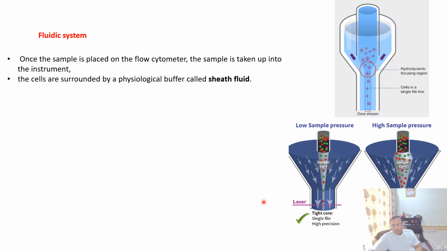If the pressure is not optimum, the cells do not come one by one. So there should be optimum sample pressure and fluidic pressure. Generally, the sample pressure is slightly lower than the sheath fluid pressure, so that all the sample comes in front of the laser one by one and is detected efficiently.